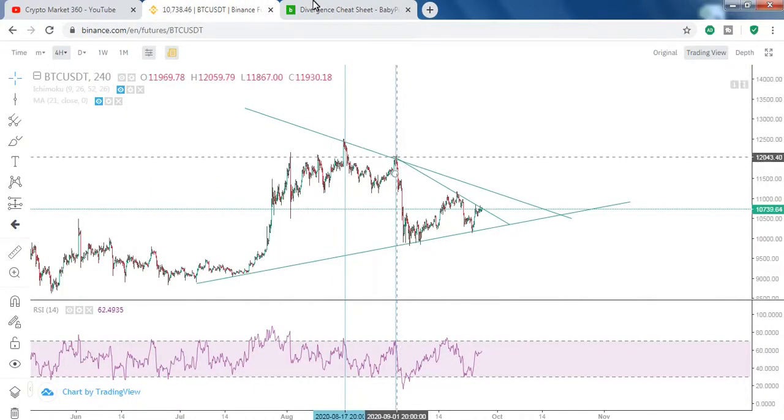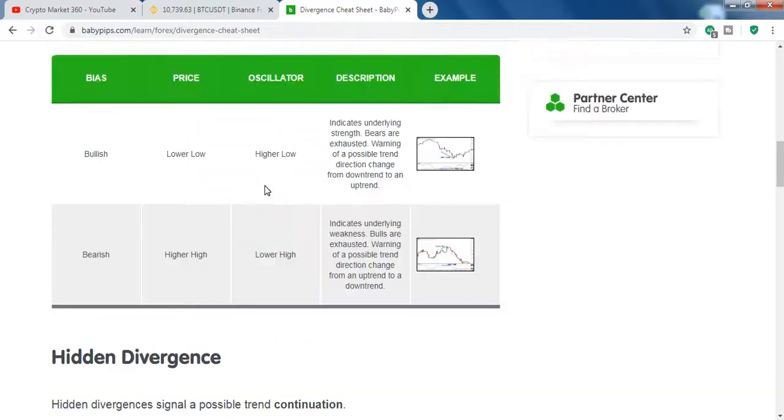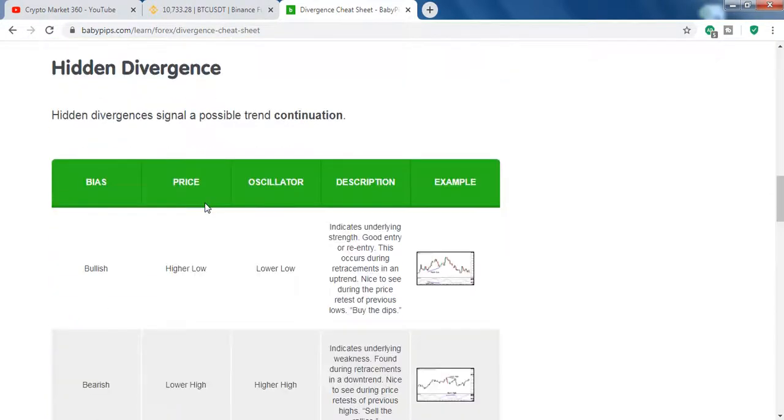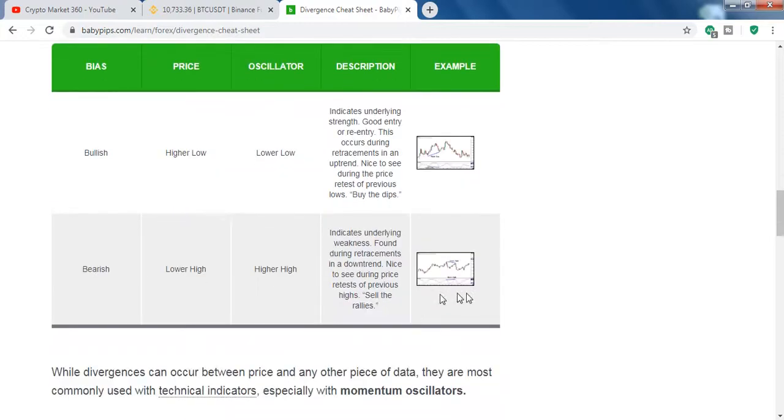The price made a lower high, so let's find it here. Yeah, you can see that the price made a lower high. And the oscillator can be RSI, MACD, or stochastic, whatever you use, but you will find almost the same thing.